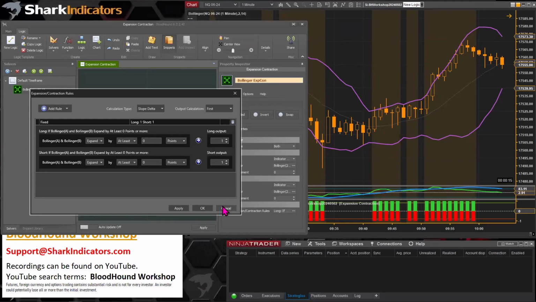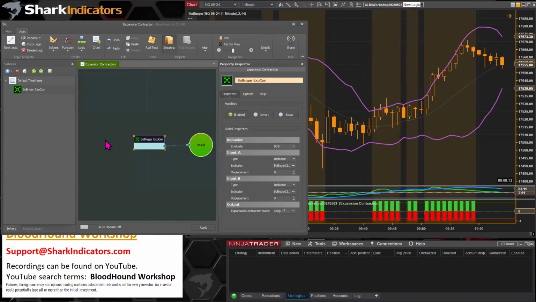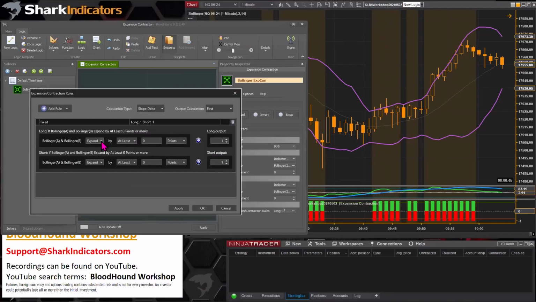The other parts of your system will identify the market trend, and then filter out either the long output or remove the short output. So bottom line is you want the expansion contraction to give you a long and a short output at the same time. All right, so that's expansion, and we'll just take a quick look at contraction.